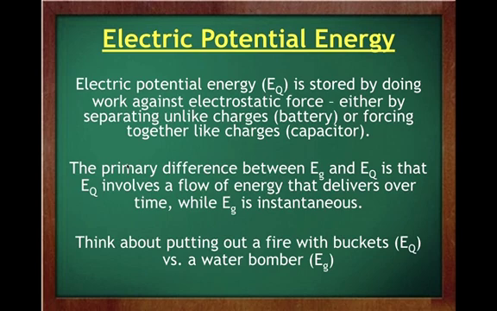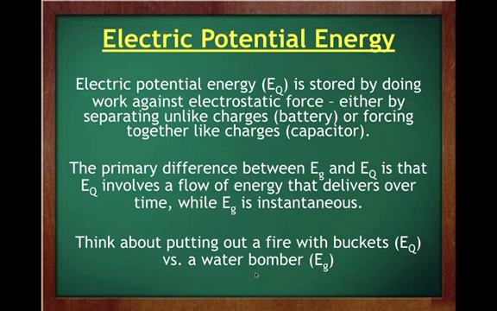Your big difference between your electric potential energy EQ and your gravitational potential energy EG is that EQ actually involves a flow of energy that delivers over time, whereas gravitational potential energy transfers instantaneously.